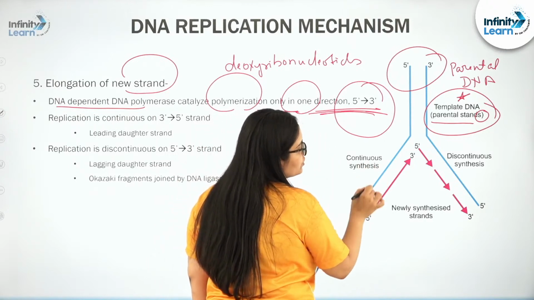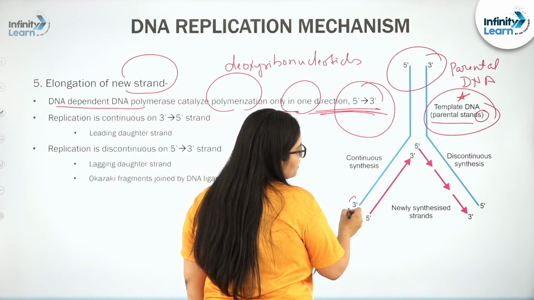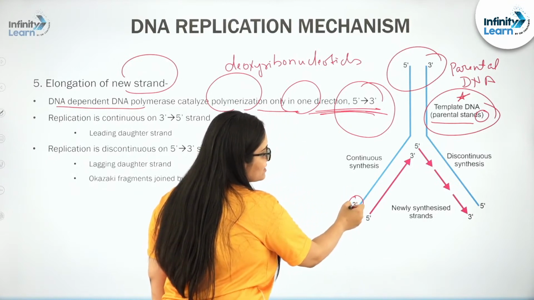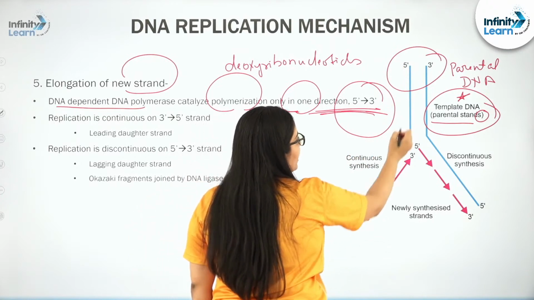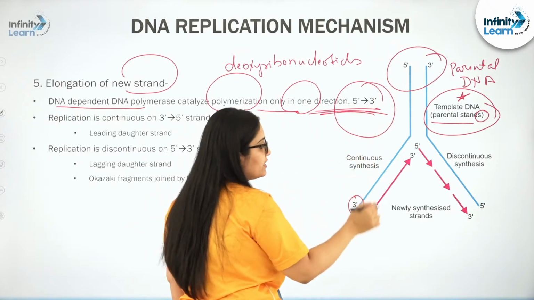There will be a continuous synthesis only on the parental strand which has the polarity 3' to 5'.